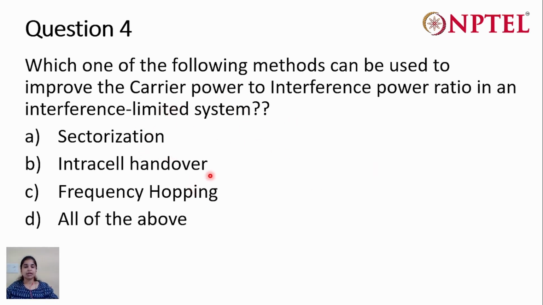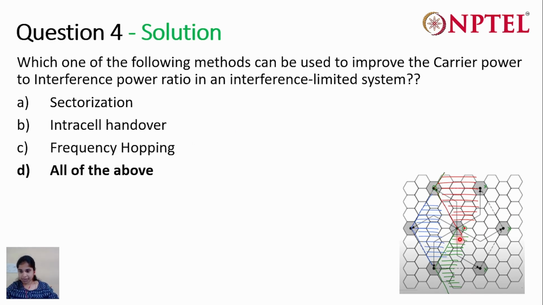In the sense, if in one sector we're going to have more interference, then we could give a handover to improve the C to I ratio. And sectorization definitely is going to help us. If you're having a sector antenna like this, then to this red point, only these three cells' base stations might give us more interference.